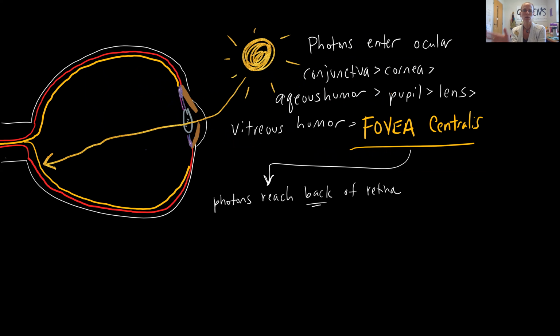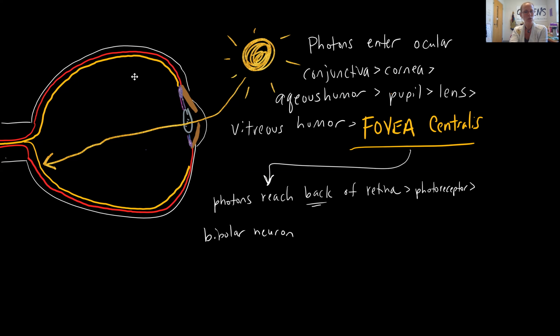Okay, so let's see where we are. We have had our photons enter ocular conjunctiva, cornea, aqueous humor, pupil, lens, vitreous humor, to the fovea centralis at the retina. Those photons, remember, go all the way to the back of the retina, so to that pigmented epithelium, and then they're going to be absorbed by the photoreceptors.